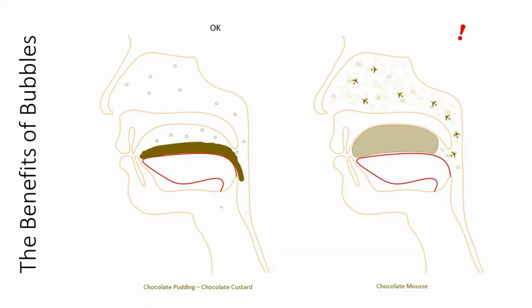Flavors trapped inside the custard and pudding hardly get to the nose before the bite is swallowed. Chocolate mousse uses physics and chemistry to air freight high-intensity chocolate flavor direct to your nose. Intoxication happens on the first bite.